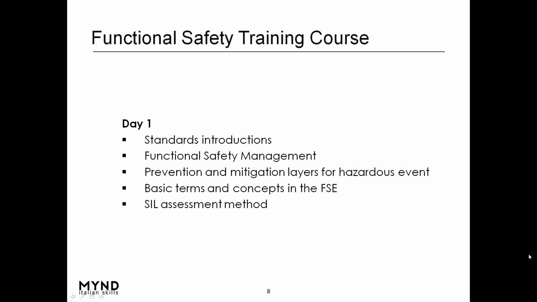We talk about functional safety management because the companies that have functional safety in place, the standard indicate how to manage this functional safety. There is also a roundup on the distinction between the levels of prevention and mitigation of dangerous events.